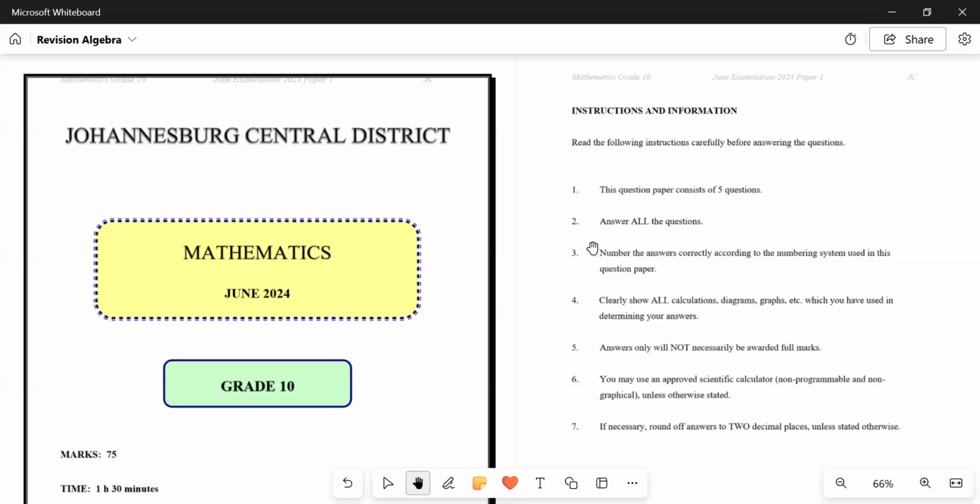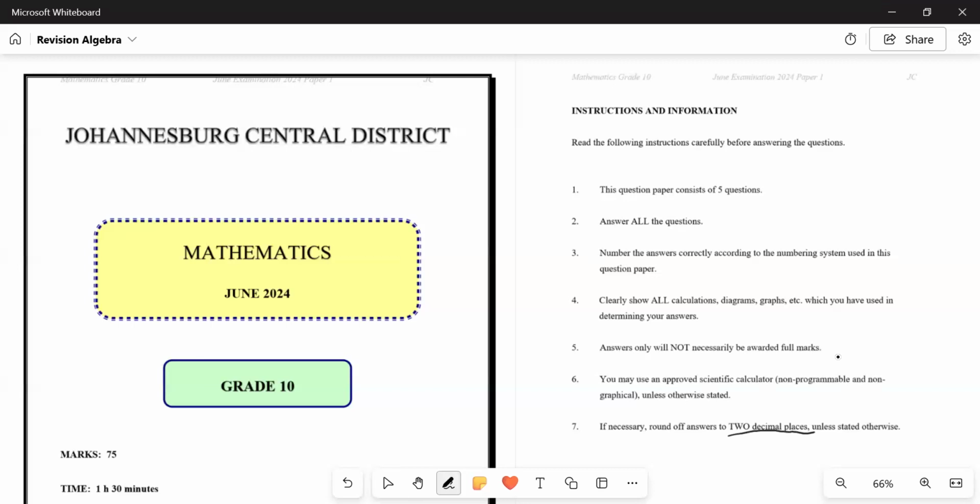There's instructions, instruction number 7. They're saying, if necessary, round off your answers to two decimal places. I believe in our previous video, I've explained that in order for you to know whether you have to round off into two decimal places or three decimal places, obviously they will instruct you.